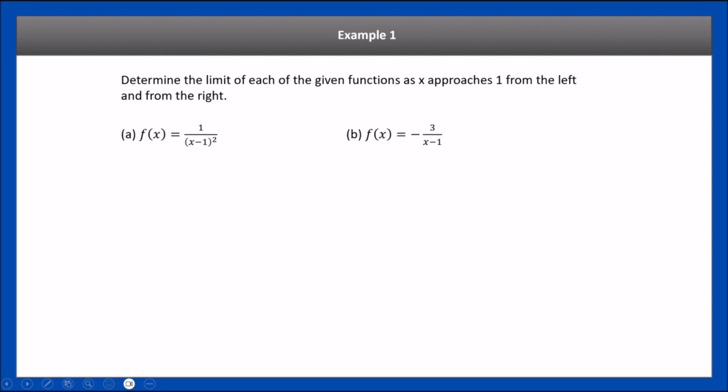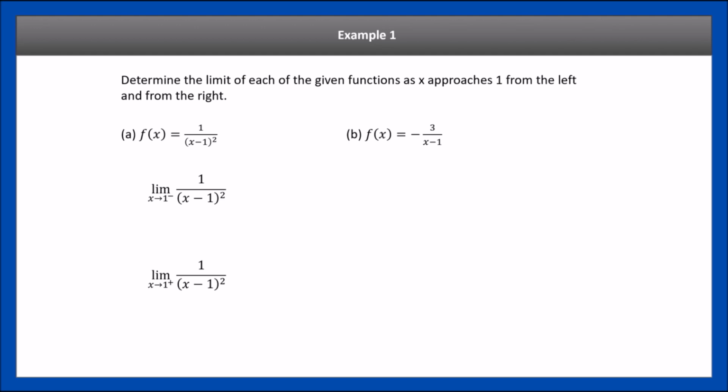So let's look at another example. In these two functions, notice that if I plug in 1 into the denominator, I get a value of 0, which we know we cannot divide by, and so we have a vertical asymptote at x equals 1. So we want to determine the one-sided limits as x approaches 1 from the left and from the right.